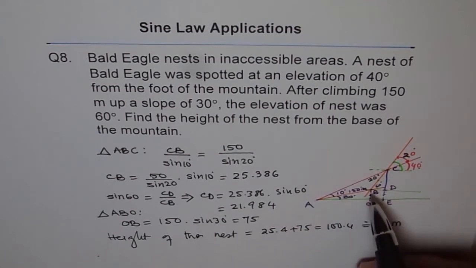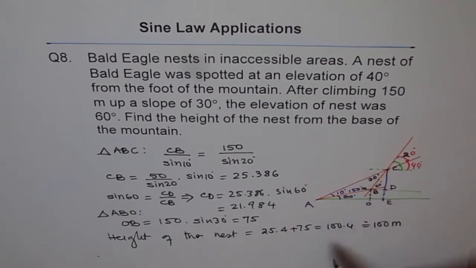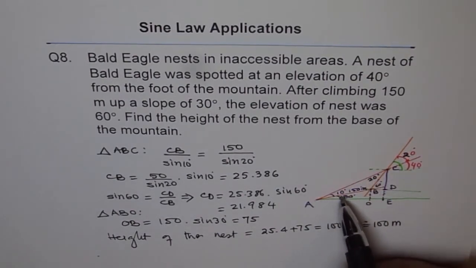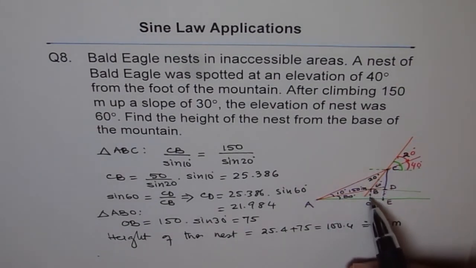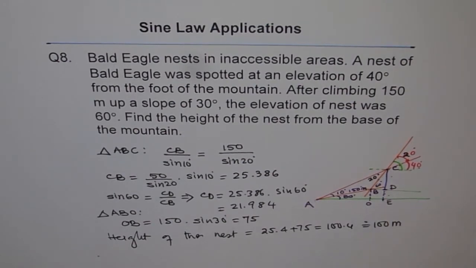Makes sense. 60 minus 40 gives me 20, right? So that's how we get this angle of 20 degrees, and then we use sine law in that triangle to find the length CB, and then we had the right triangles to work with to find the two heights, and we added them to get our answer. So it is 100 meters. Thank you.